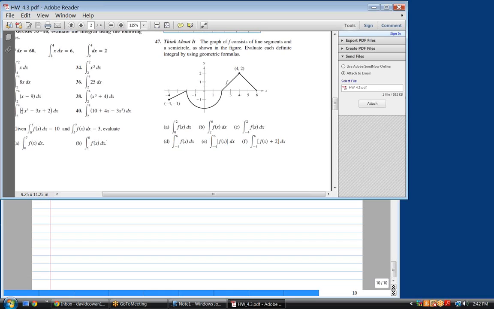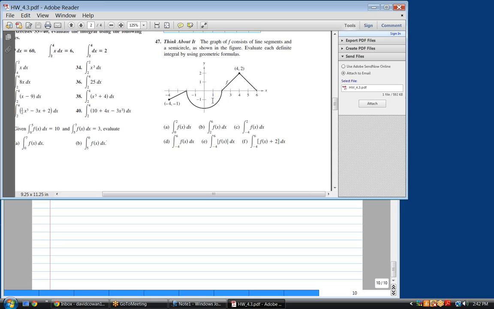In other words, we want 0 to 2. Remember these integrands: as long as you've got dx's, they're the x-axis measurements. On my screen it looked like a negative 2 due to the integral symbol, but I blew it up and it looks better now. So, 0 to 2, that's half of the semicircle.